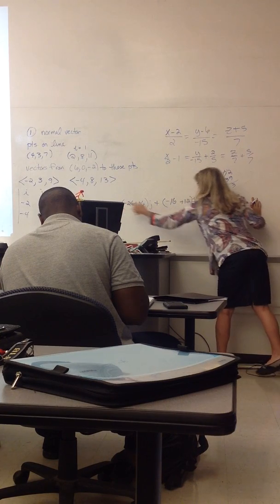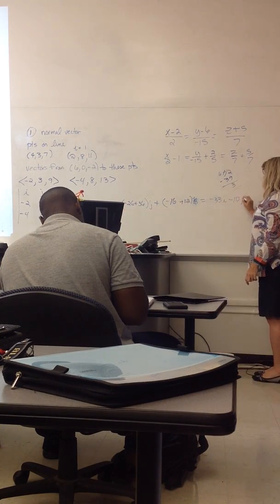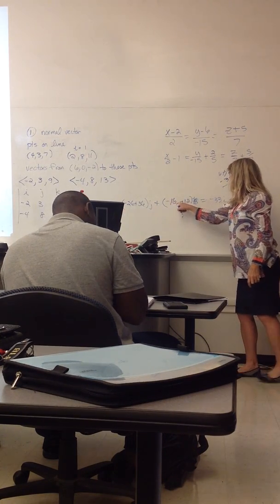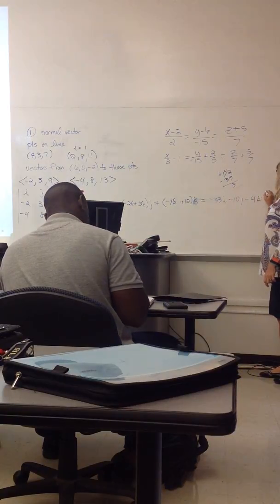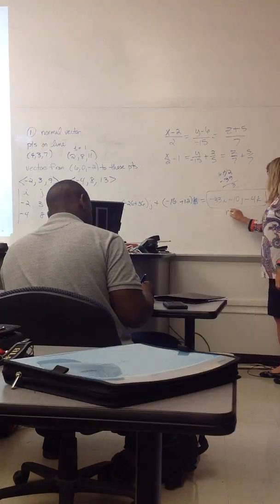Positive 10, but then that makes it negative, so negative 10j, and then this is negative 4. Okay, so that's my normal vector.